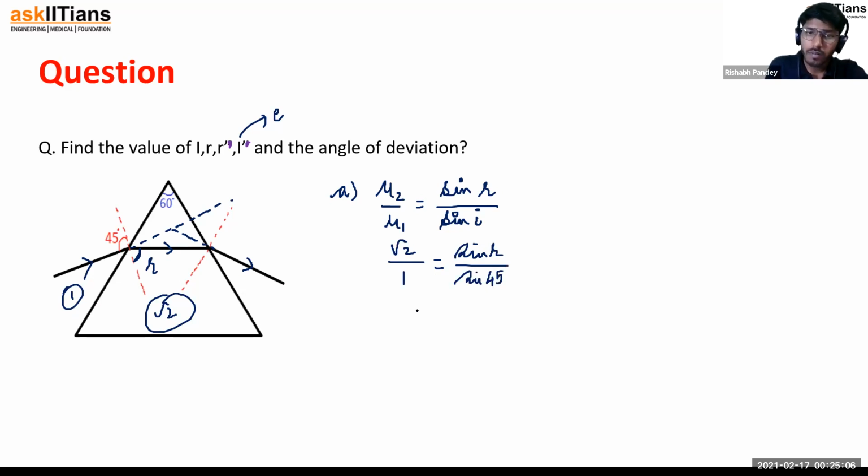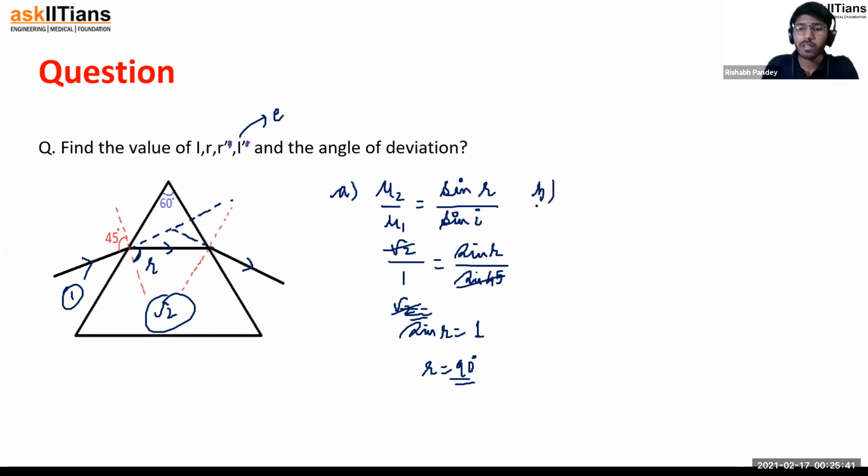So sine r will be root 2 times 1 by root 2. The root 2 will get cancelled out, and sine r is basically coming out to be 1. That means angle r is 90 degrees, isn't it? So the angle of refraction is 90 degrees.